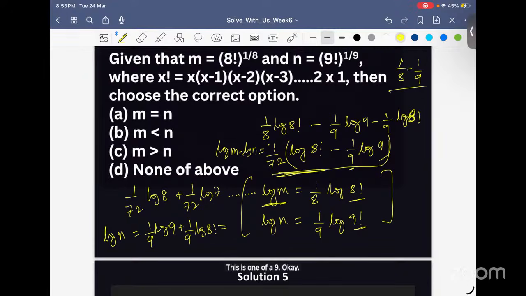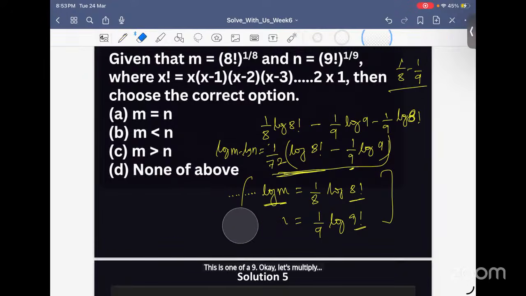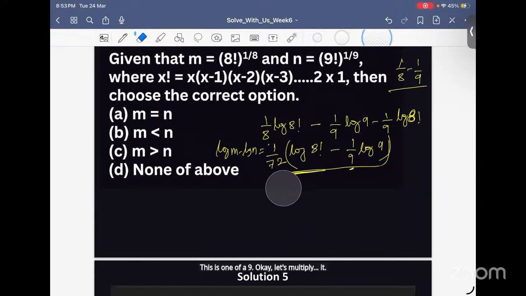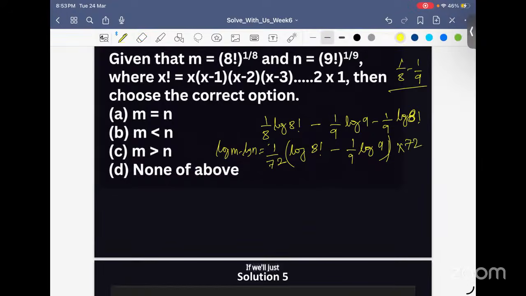Okay, let's multiply it. If we just multiply by 72, you'll be left with log of 8 factorial minus 8 times log of 9. Now you can get it.